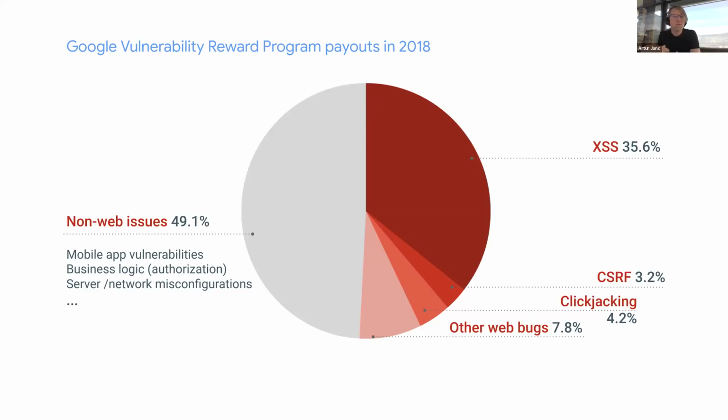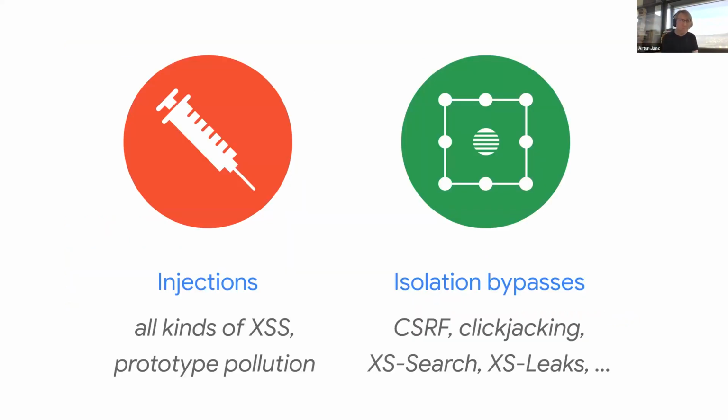But a large chunk of the security problems in the Google ecosystem was caused by the unsafety of the web platform. And that led to XSS and also a lot of what I would call isolation vulnerabilities like cross-site request forgery and clickjacking.